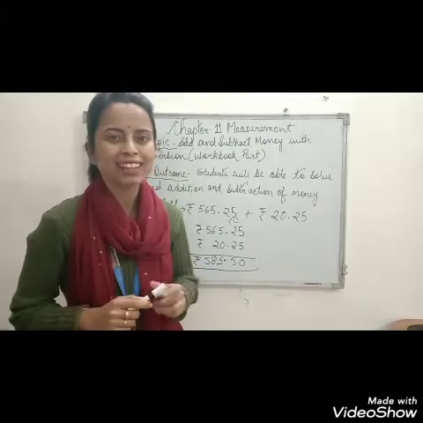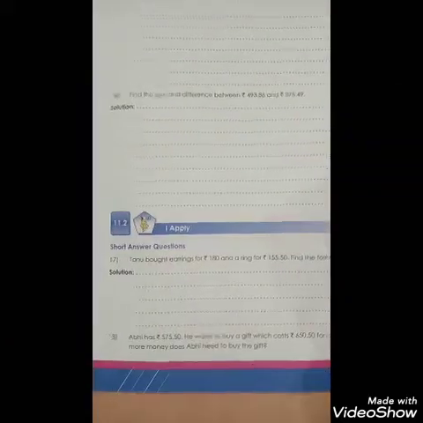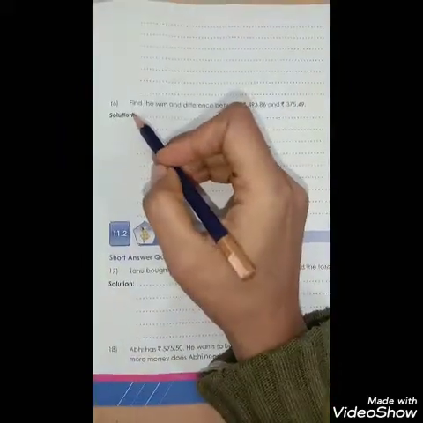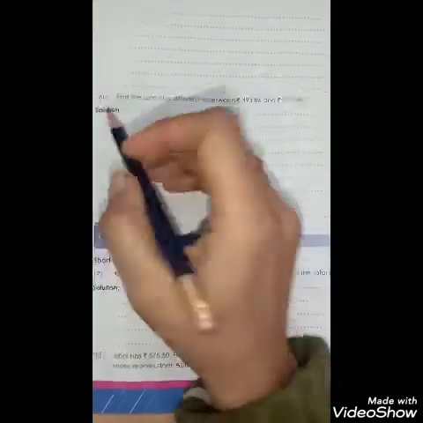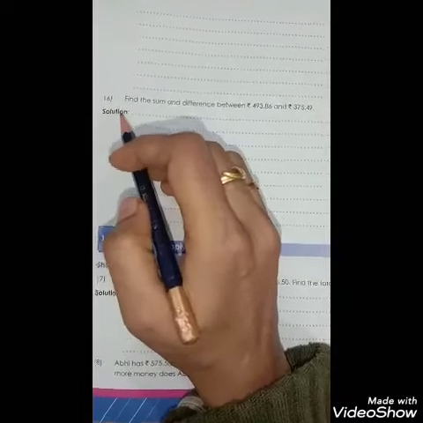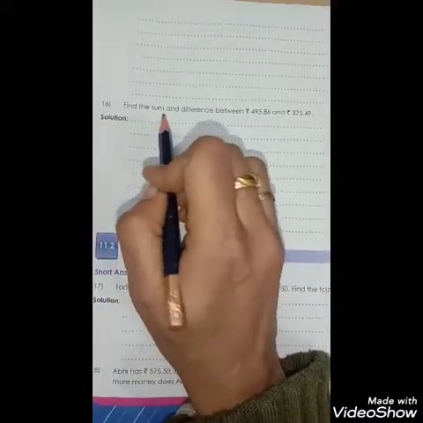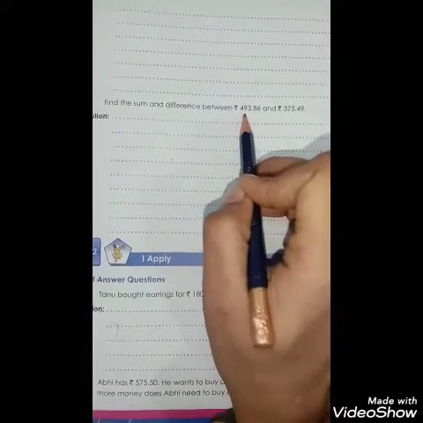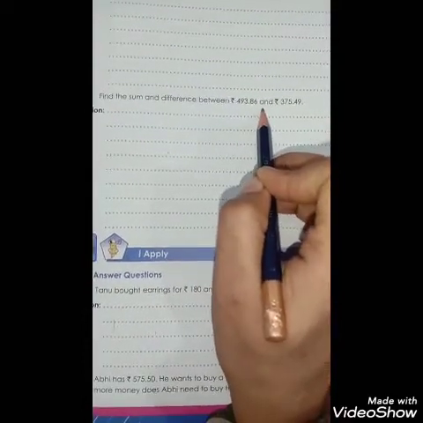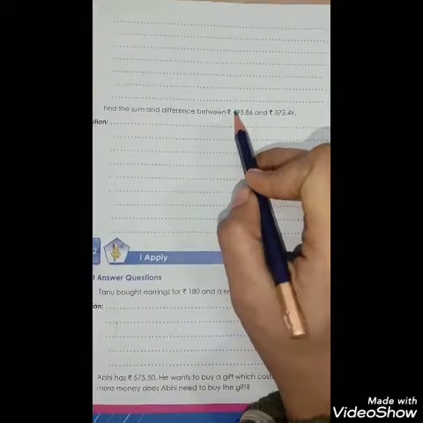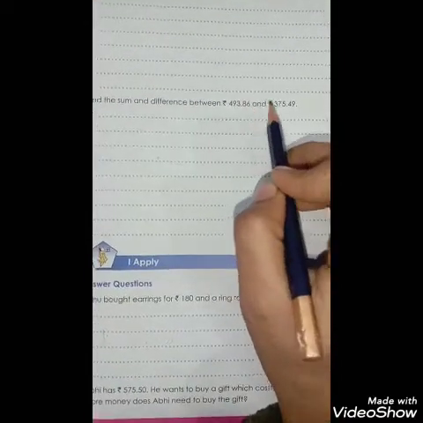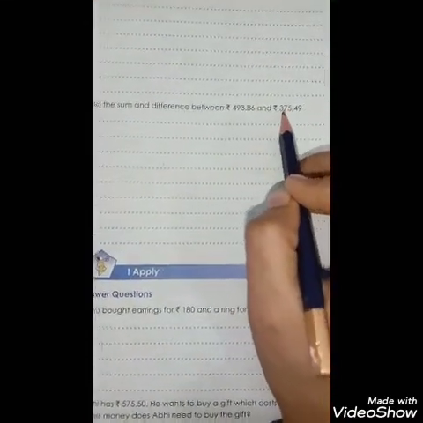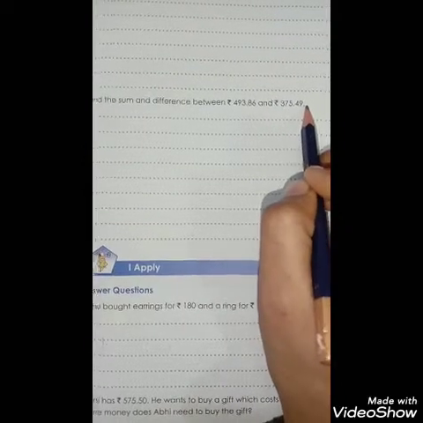Okay, so let's start. Children, everyone refer to question number 16. What is given in question number 16? Find the sum and difference between rupees 493.86, that means 493 rupees 86 paise, and 375 rupees 49 paise.